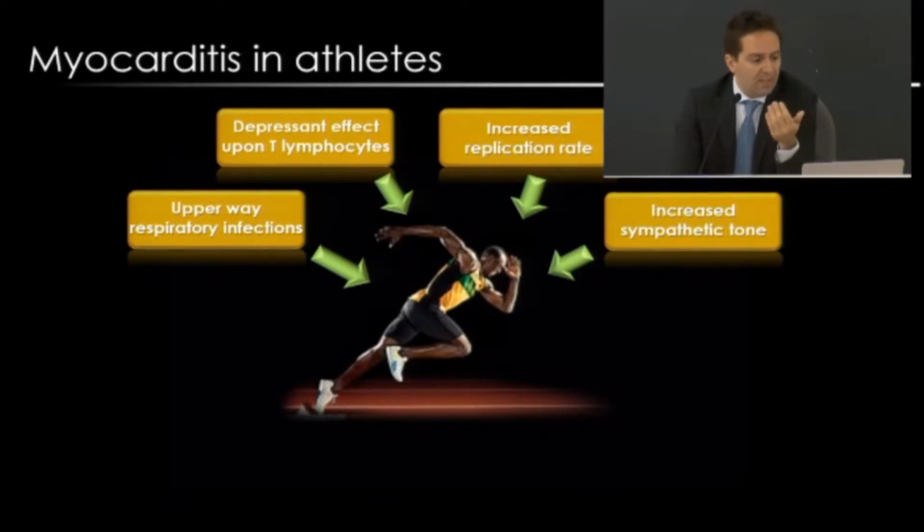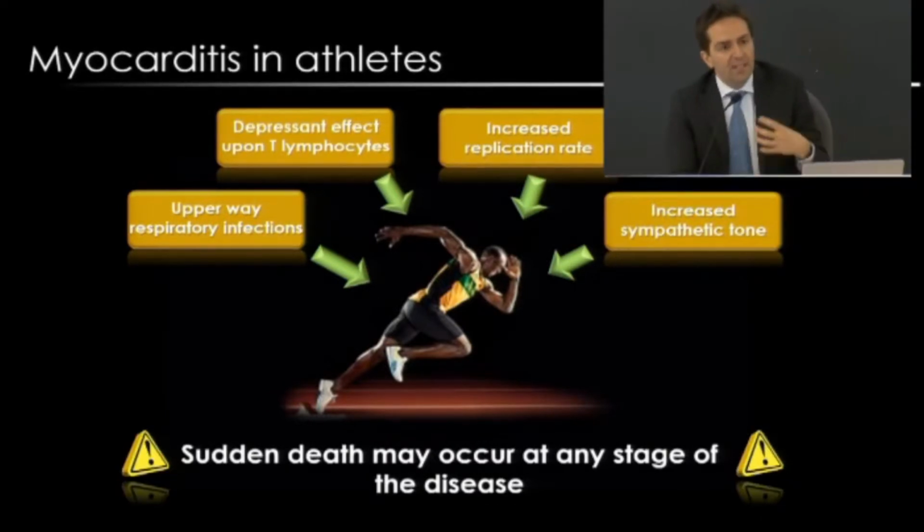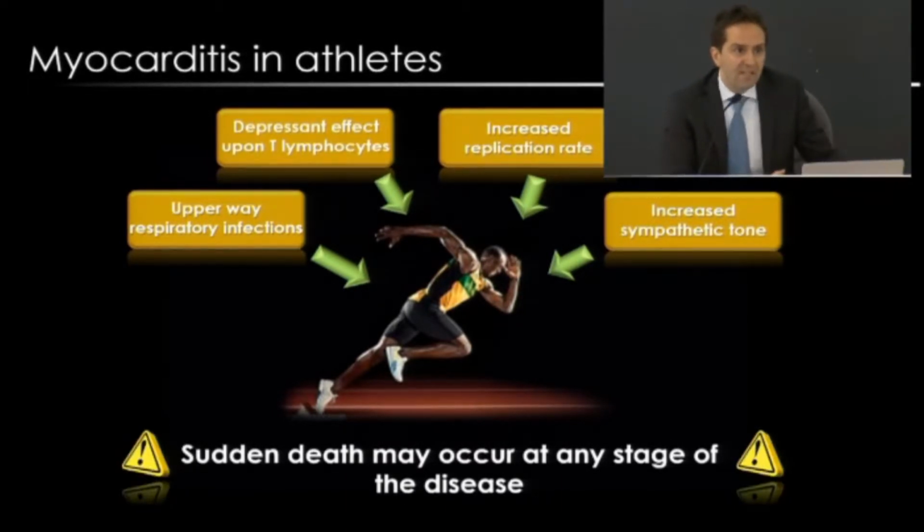It has been demonstrated that it can cause increased replication rates of the viruses, and most importantly, can cause an increased sympathetic tone that can have an adverse effect on the myocardium and can cause arrhythmias and sudden cardiac death. And what is important is that sudden cardiac death during myocarditis can occur at any stage of the disease. It can occur during the early phases, during the active phases, but also during the healing phase of myocarditis.